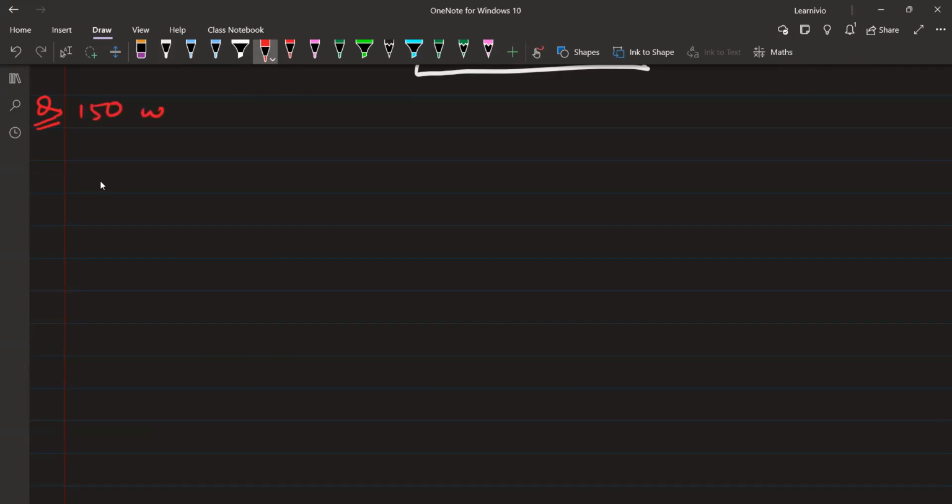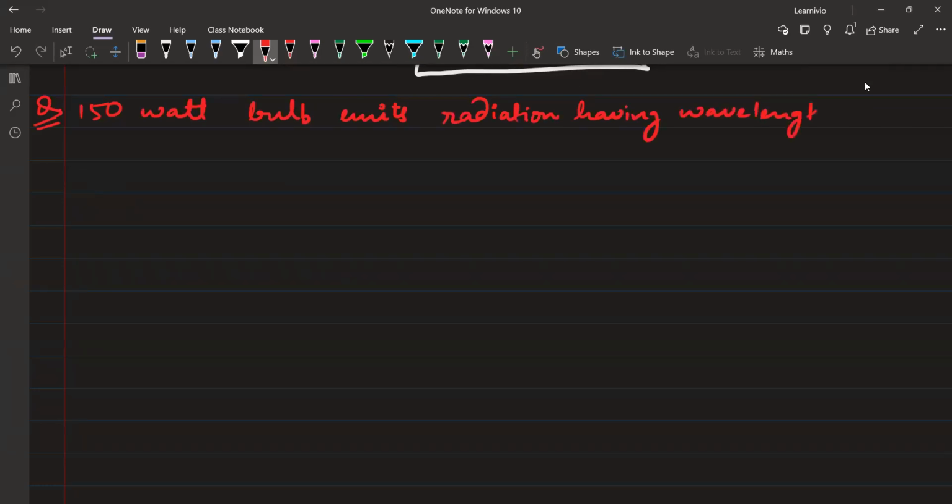150 watt bulb emits radiation having wavelength 4500 angstrom.